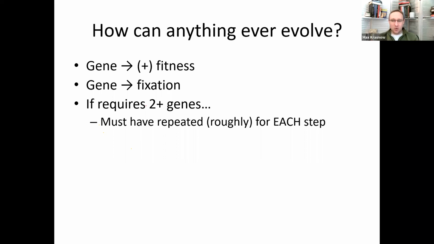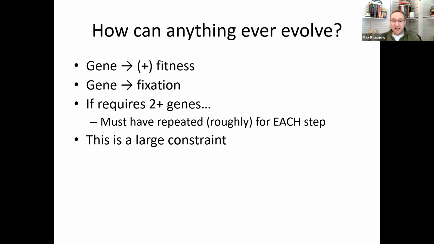Each step towards that complex adaptation that is coded for by a big set of many genes, if the gene in question only produces a positive effect, given that there's 5 or 6 or more other genes already present, for this gene to evolve, those other genes must already have been selected such that they're species typical. This is a very large constraint on how sexually reproducing species can evolve.